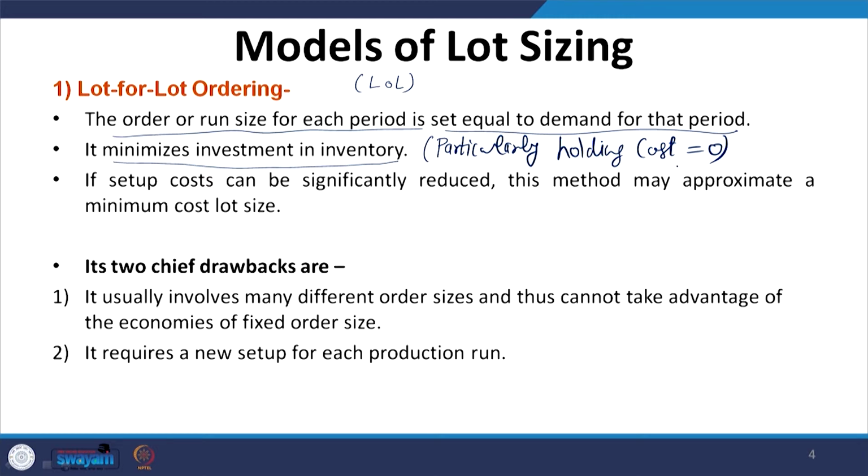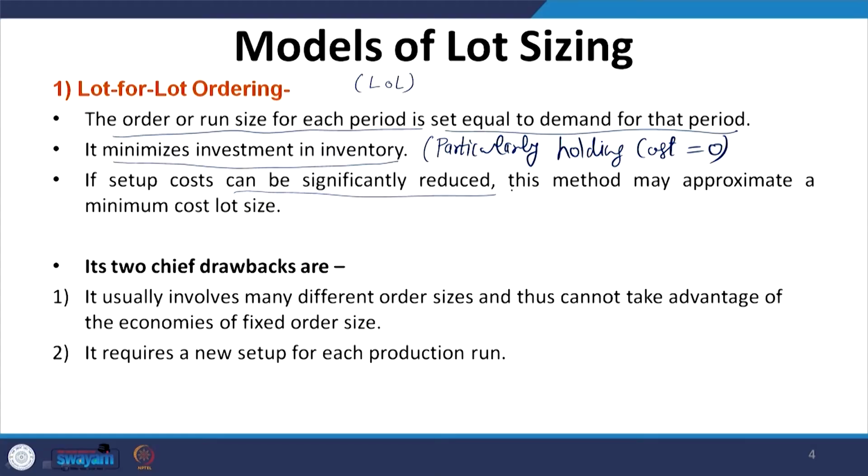But you may need to make multiple setups, you need to make multiple orders if it is a case of procurement. So, if setup cost can be significantly reduced, this method may approximate a minimum cost lot size. If my setup cost is really low, if my ordering cost is really low, then this is a method which may approximate minimum cost lot sizing.